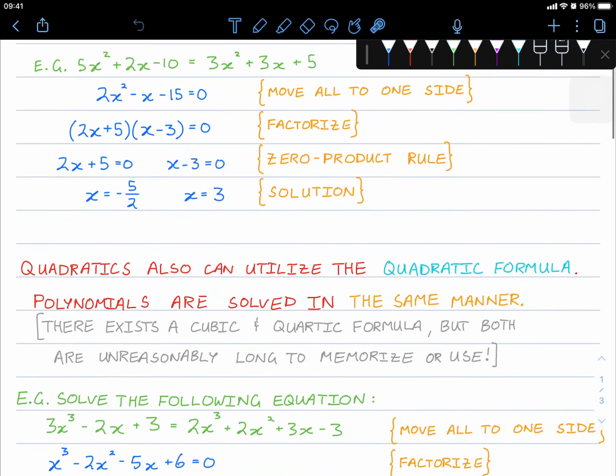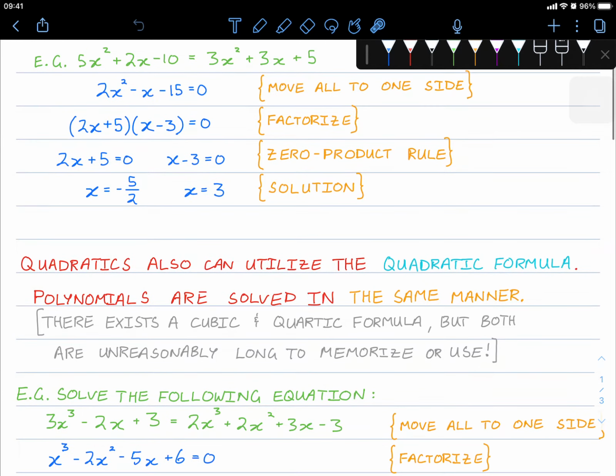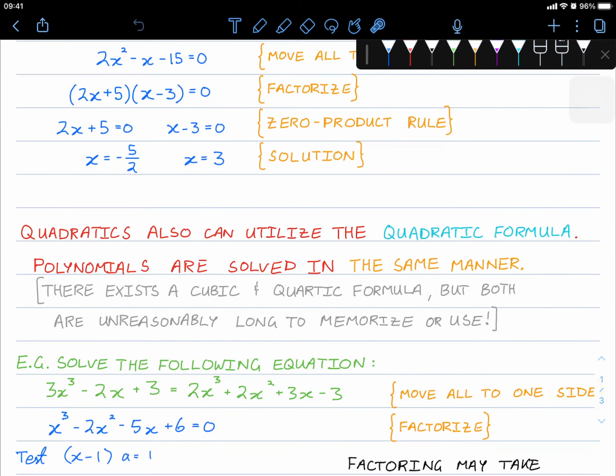one side, like so, letting it equal to 0, and now, as we've seen from the previous videos, we've now learned how to factorize polynomials of higher degree than 2. So from here we would test the factors of 6. For this I've already tested 1, so if you substitute 1 for x, we would get 0.